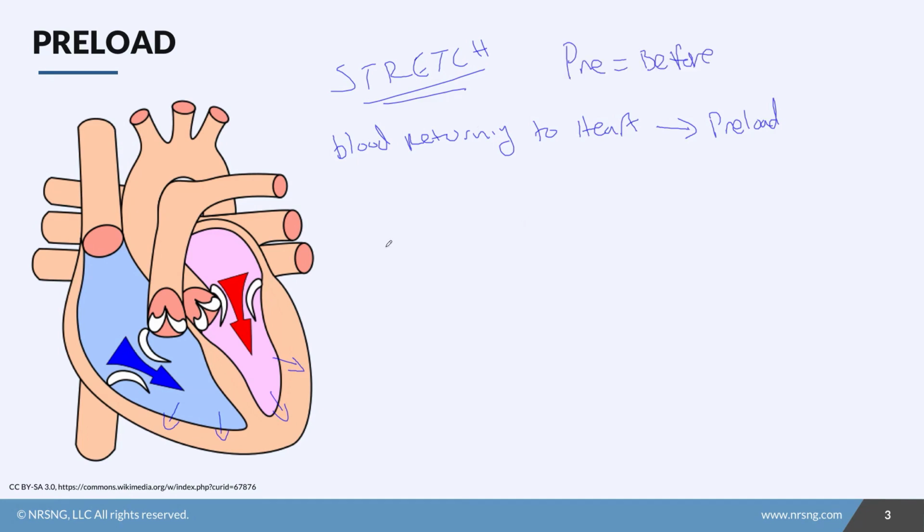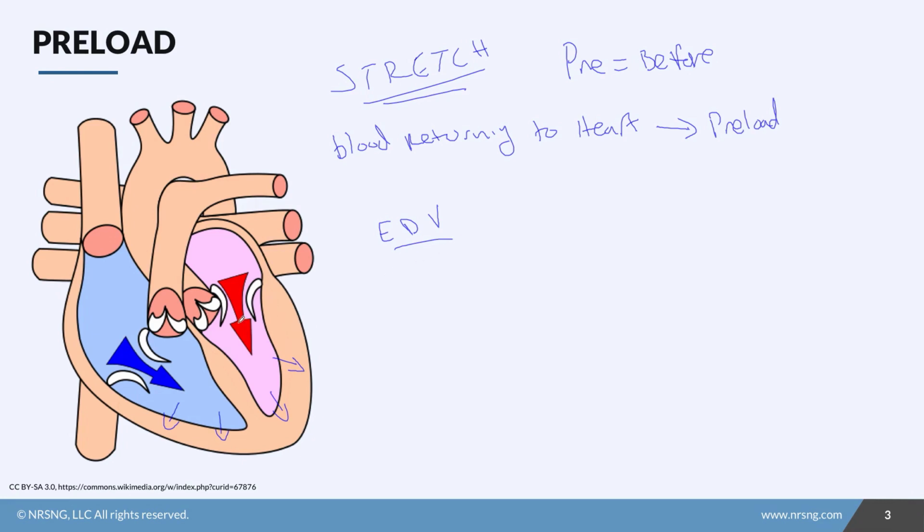Now, during diastole, the heart is filling up with blood. So one of the ways we measure preload is with something called end diastolic volume. Now, in clinical practice, though, it's a little bit harder to measure this because it requires an echocardiogram to get the measurement.